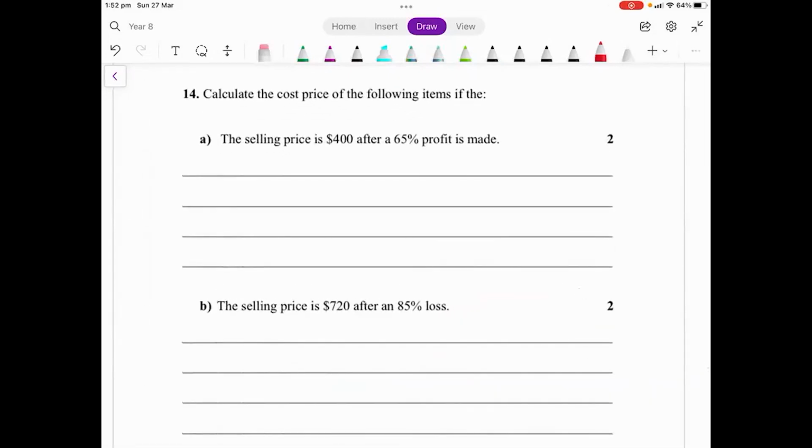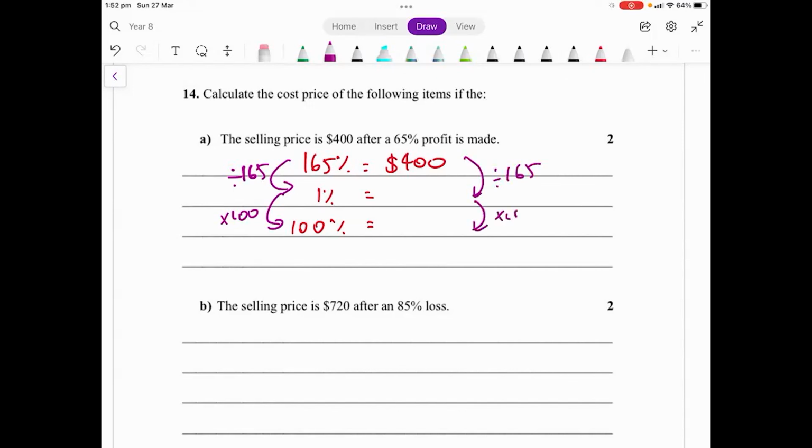Question 14 allows us to use the unitary method once again. It says the selling price is $400 after a 65% profit is made. You start at 100%. If you've made a 65% profit, you're at 165%. That means 165% equals $400. Use the unitary method to find 100%.